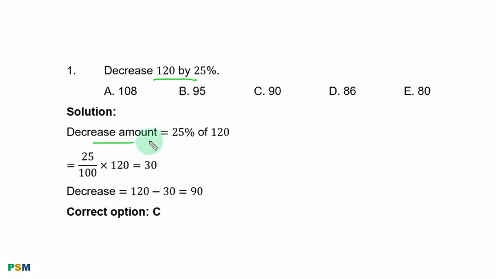So you have the decrease amount to be 25% of 120, which can be expressed in this form, and you have 30. The decrease becomes 120 minus 30, and that is 90. The correct option is C.